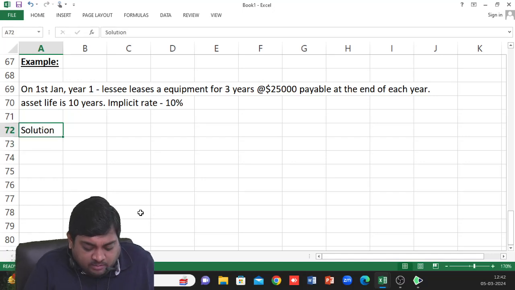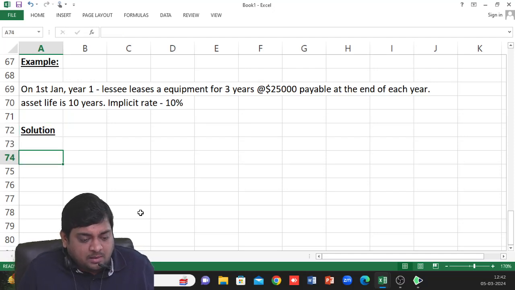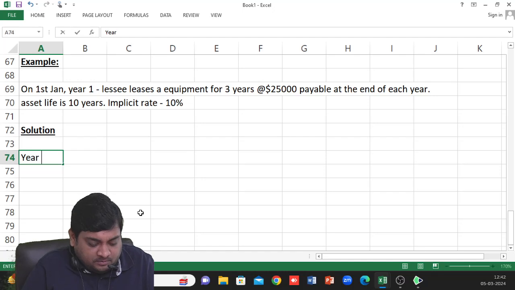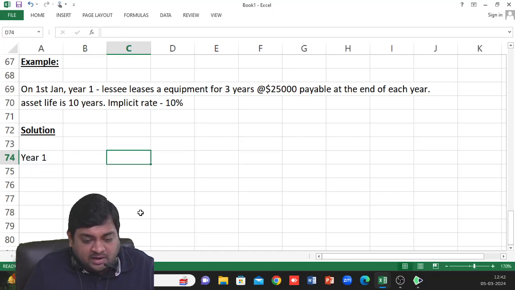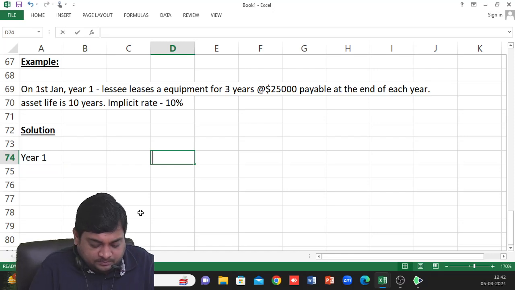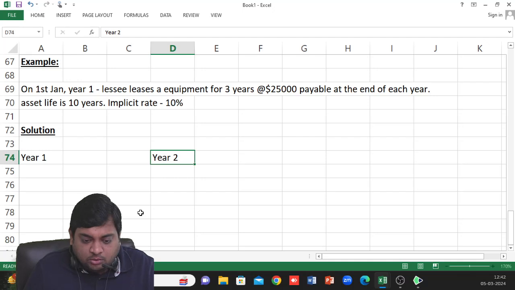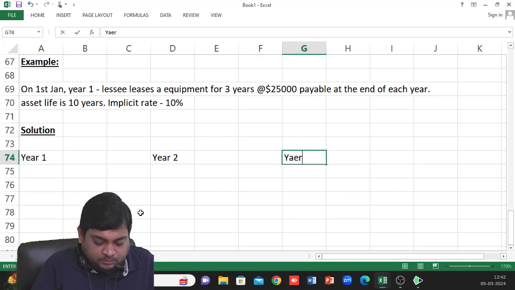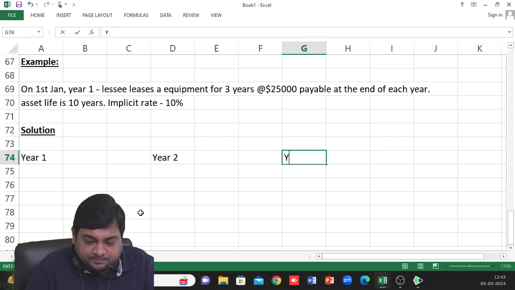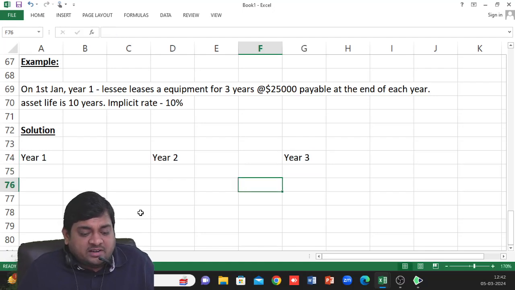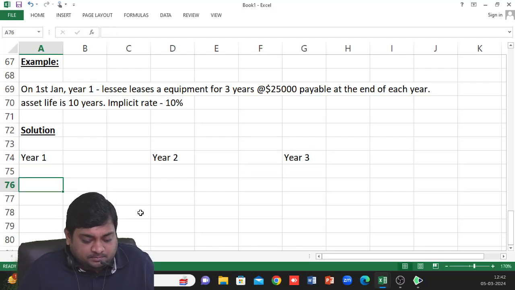One treatment can be very simple. Year 1, year 2, year 3. This is one type of treatment. What is the treatment? Simple.